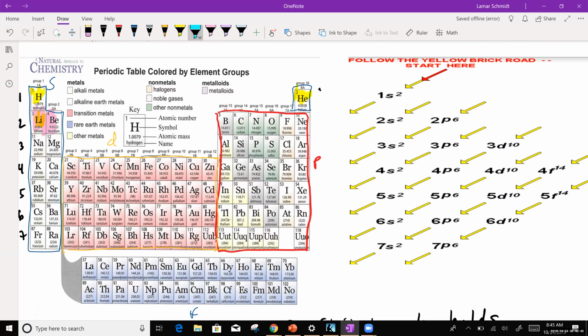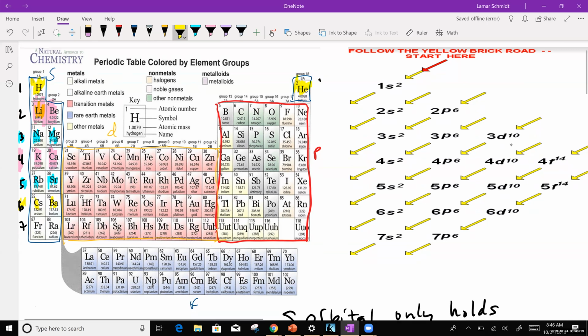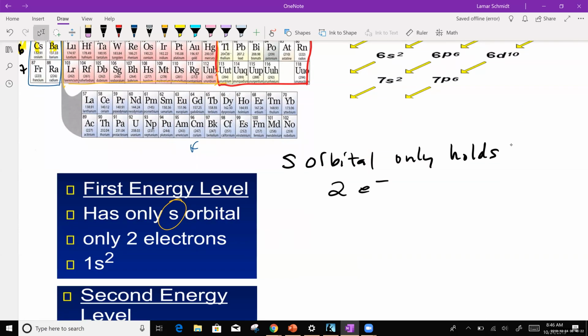Sodium and magnesium would be energy level 3, 3S1, 3S2. Energy level 4, 4S1, 4S2. This is how you read these. Energy level 5, 5S1, 5S2. Energy level 6, 6S1, 6S2. You could go down to 7. But my point is, you never see more than S2, because the S orbital can only hold 2 electrons.